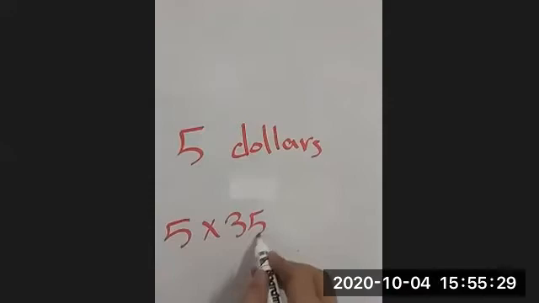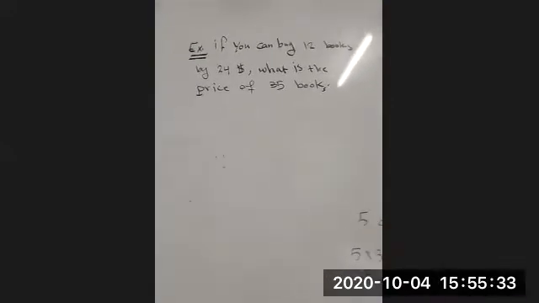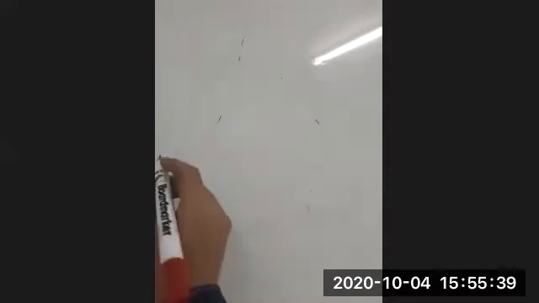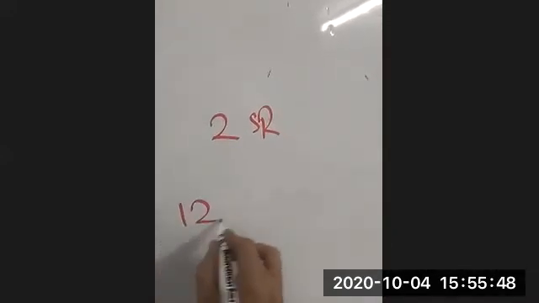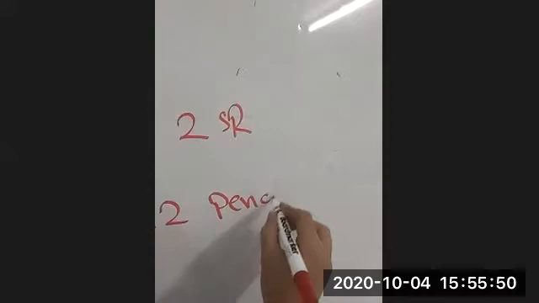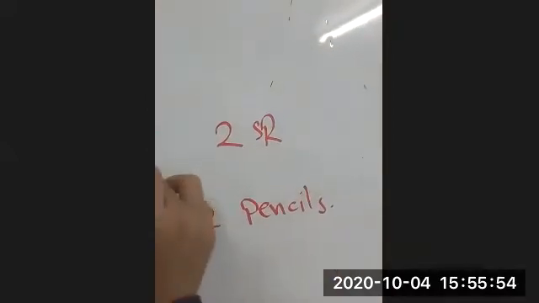So, to know the price of a number of items, we need to know the price of one item. For example, and I want someone to answer me here, if the price of one pencil is 2 riyals, what is the price of 12 pencils? Okay, guys?